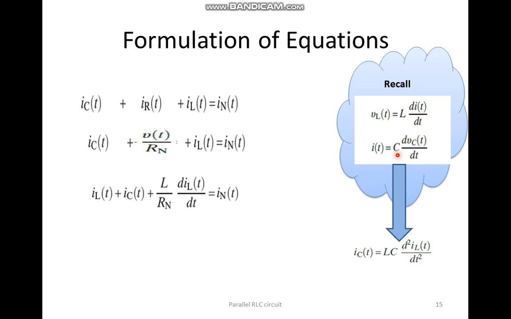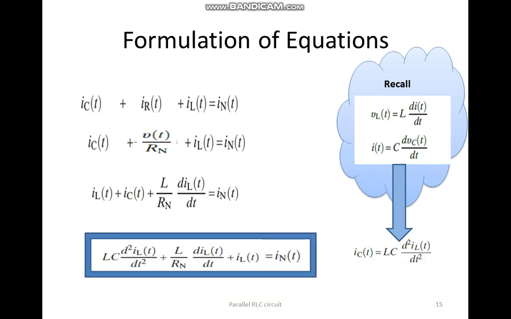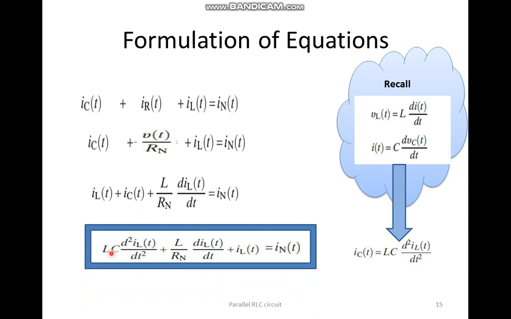If we put it here, we get C d over dt into L dI over dt, so it will become LC d square over dt square IL. So putting this expression of IC into this equation, we get an equation in the form of LC d square IL over dt square plus L over R dIL over dt plus IL equal to IN of t. This is a second order differential equation.